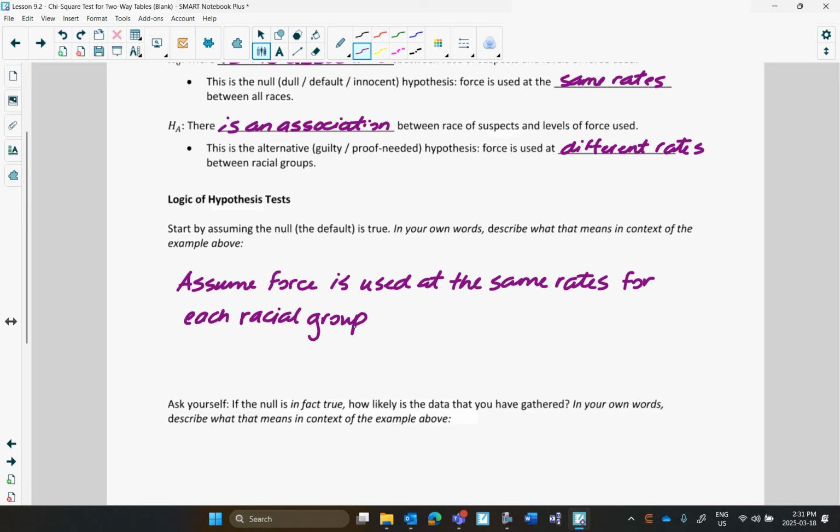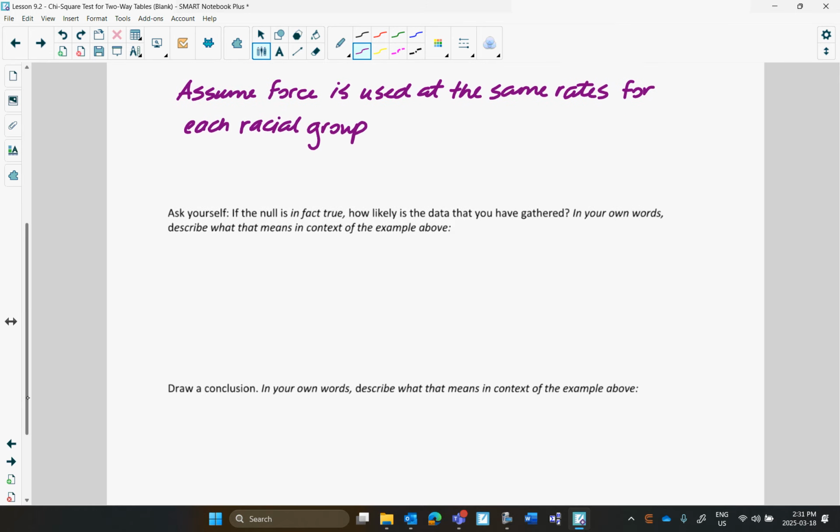So if it's actually in fact true, how likely is the data that you have gathered?